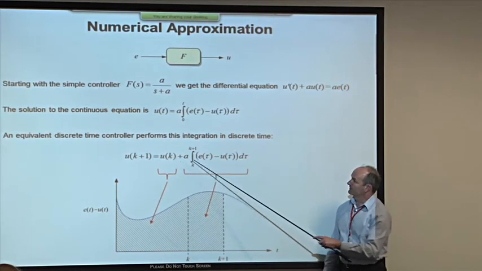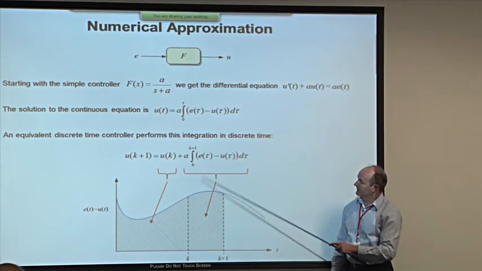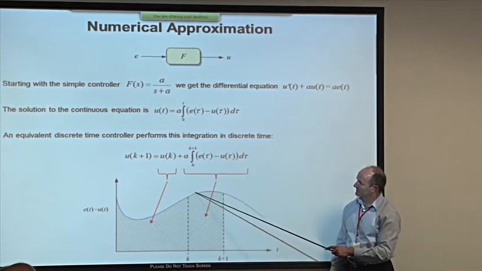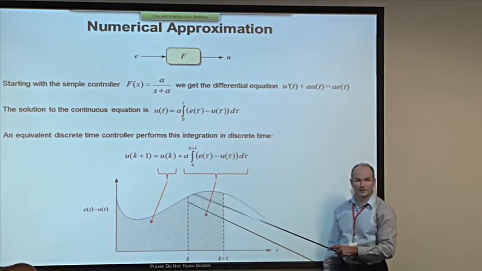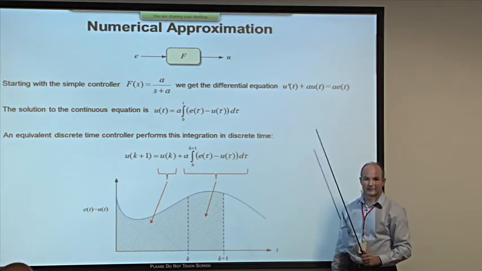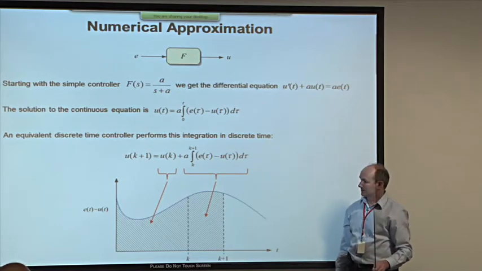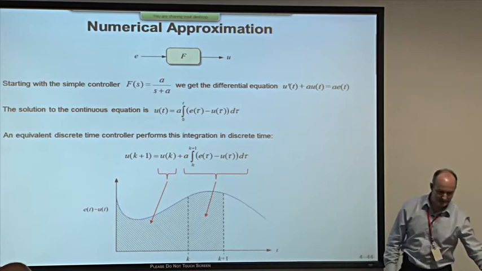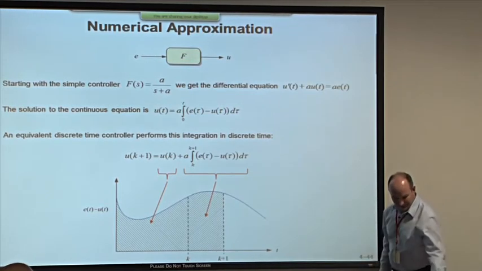That would be the discrete time integration taking place. The problem is that the strip contains a curvy bit on the top, and we don't know what that is. That's where the approximations that we're going to make fall down, and you're going to see that some approximations are better than others.